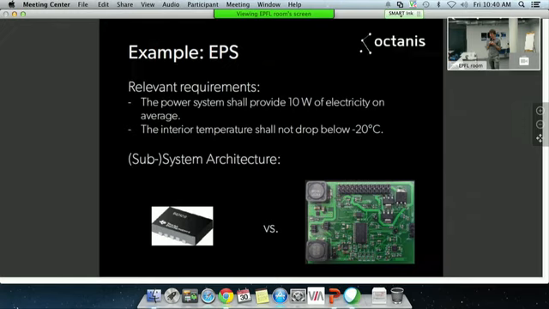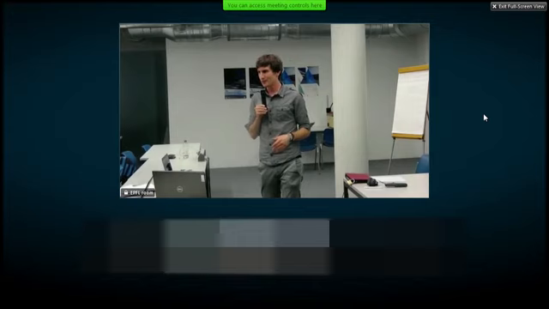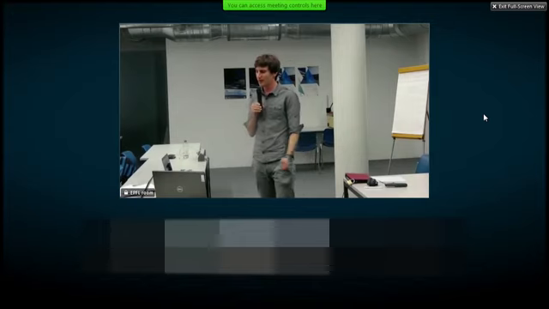So we had this choice of having the small one-chip solution on the left. That was cheap, easy, and reliable. Or we could have that more complex system where we have more flexibility. We have more power output than the small chip, and it's adaptable to what we need exactly.